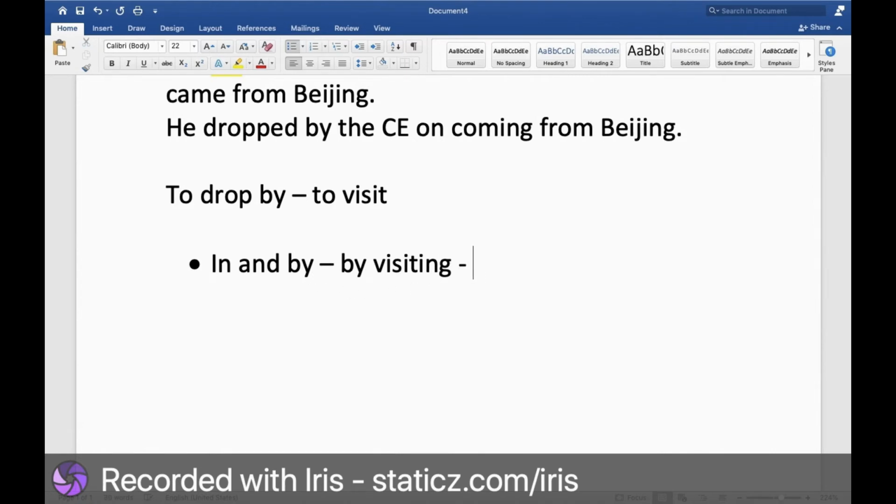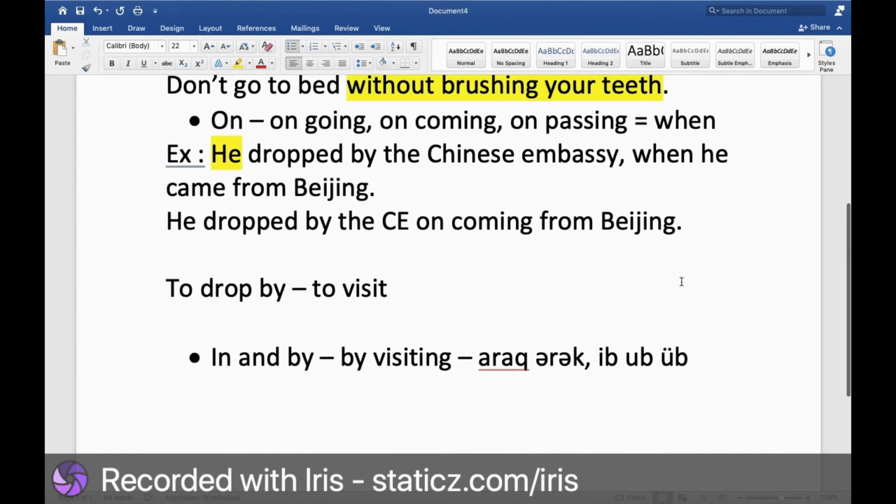So by and in are translated like this, or like this, kaçarak, or ziyaret ederek, or ziyaret edip, or ziyaret ede ede. It has three translations. Any of them, if you want to use it, you're going to use it with by or in.